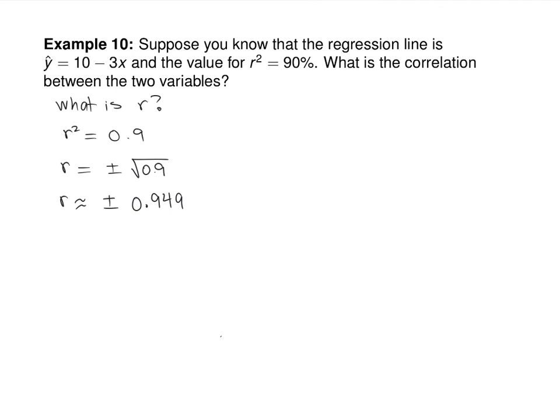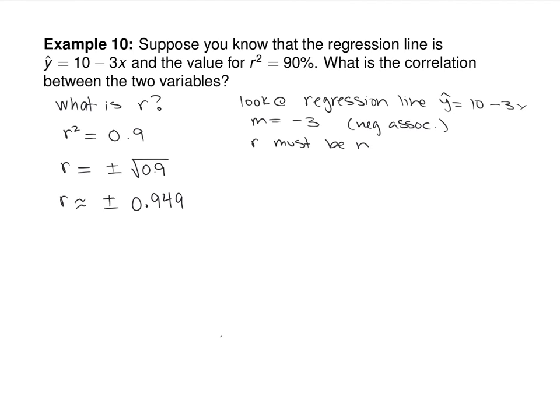Is it the positive correlation or the negative correlation? To figure out which one, you need to look at the regression line. Notice that the slope is -3, which means we have a negative association. And if we have a negative association, r must be negative. Thus, our r is about equal to -0.949.